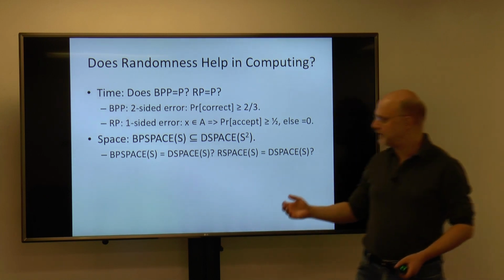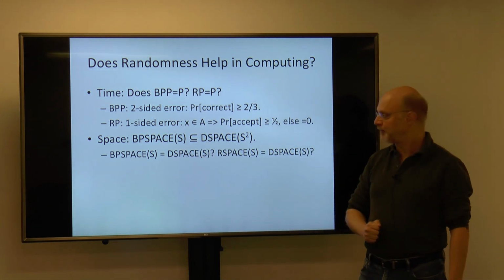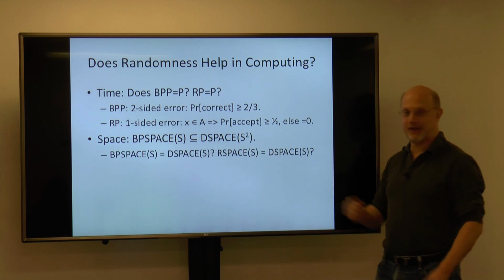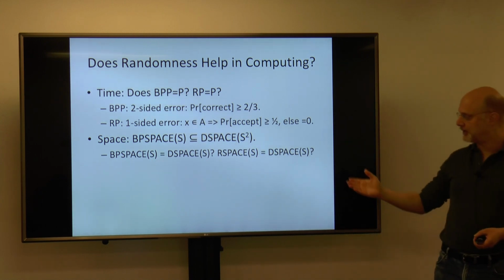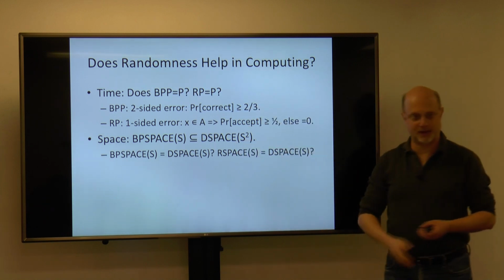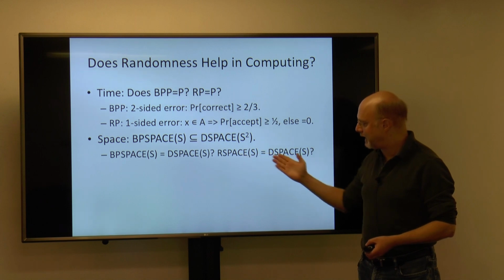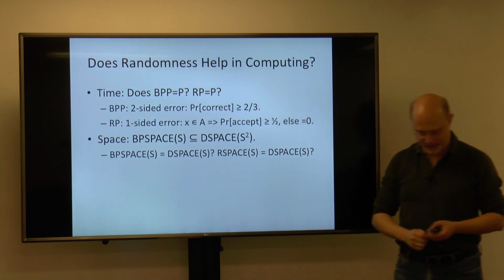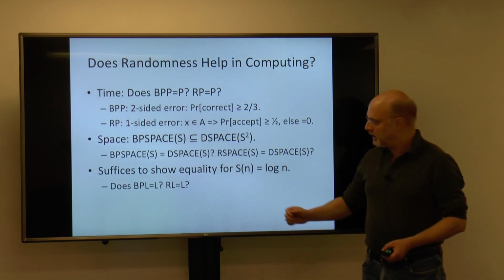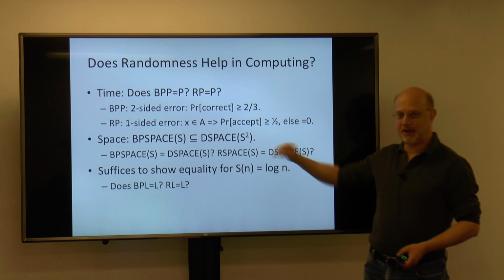So really the question is, does randomized space S equal deterministic space S? You can study this in either the two-sided error model or the one-sided error model. These are major open questions, and they're quite difficult, but this may be more within reach than the others, or should be. Here it suffices if we actually do believe that these are equal.